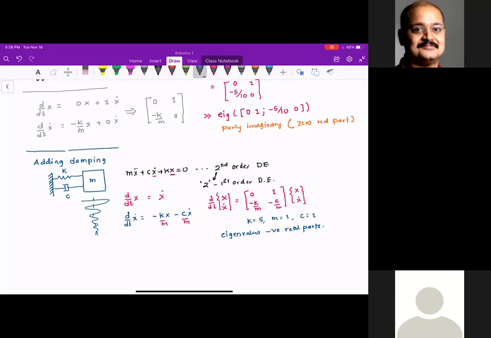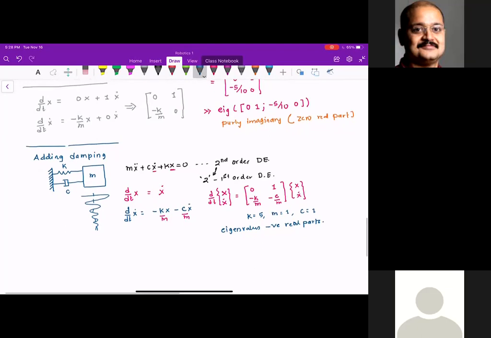The last thing which I want you to try is to have negative damping. For example, your c is now negative. What that means is your equation is going to look like m x double dot minus c x dot plus k x is equal to 0.